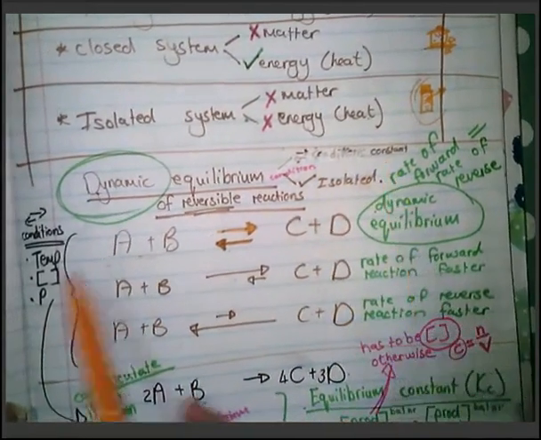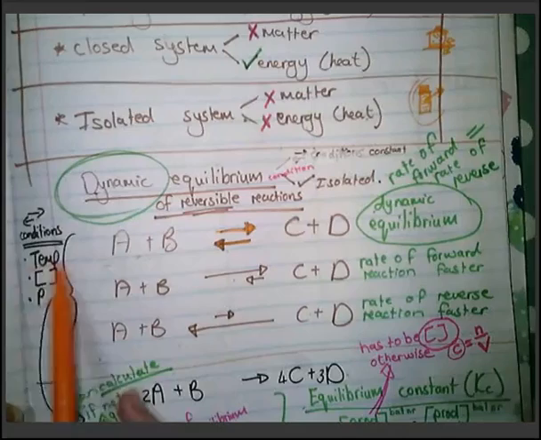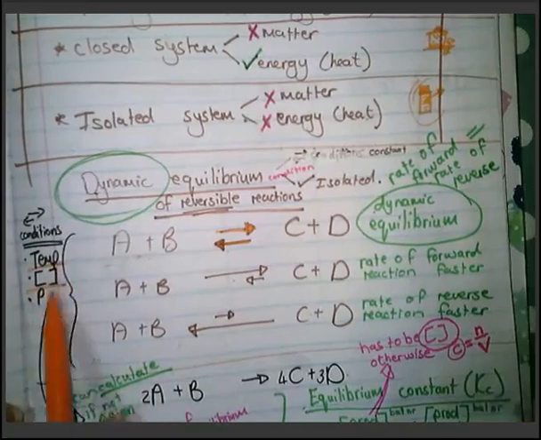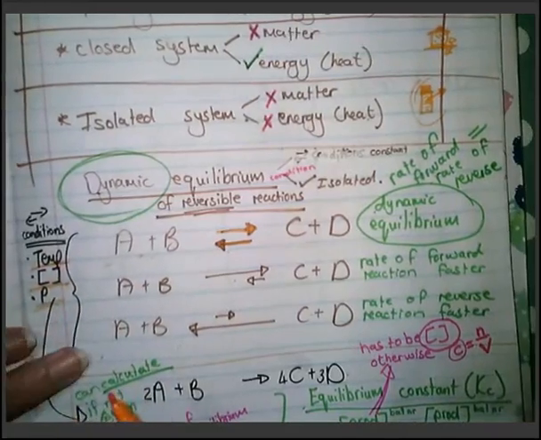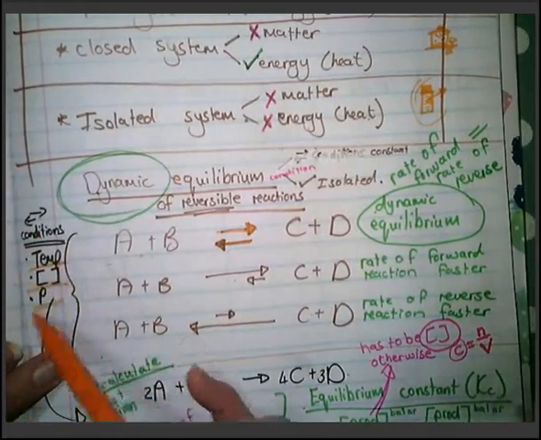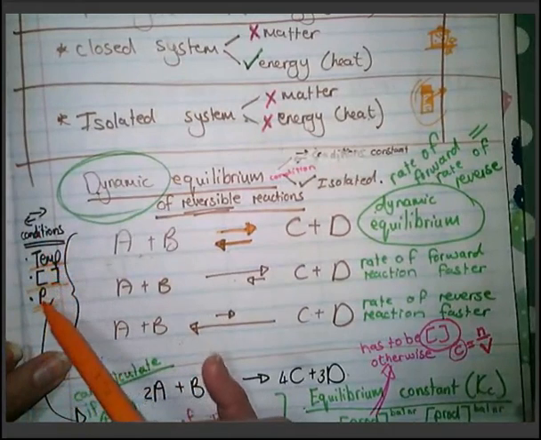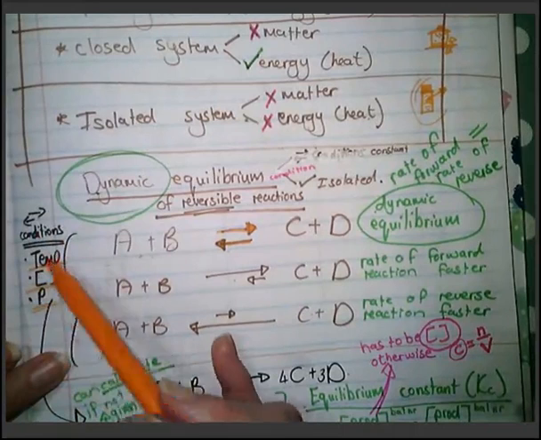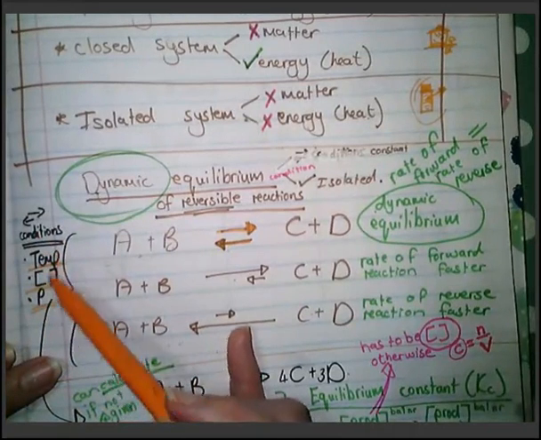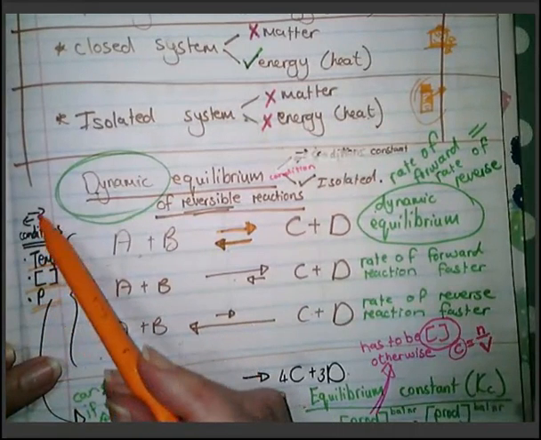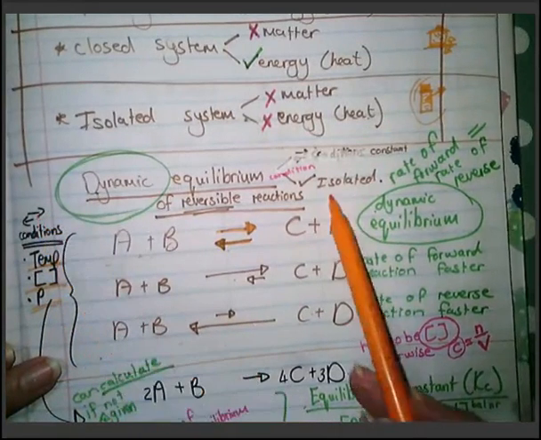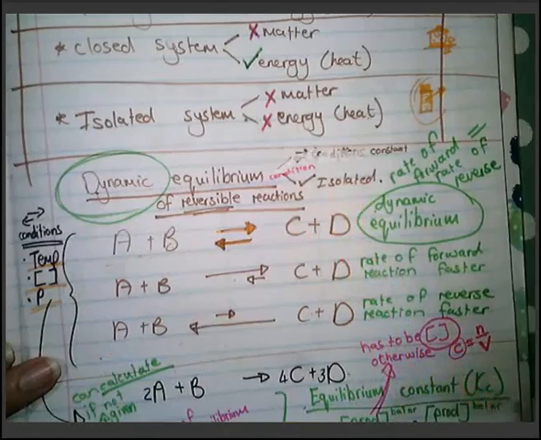Now, the equilibrium conditions are temperature, concentration, and pressure. Okay, so those three things, temperature, concentration, and pressure, need to stay constant. And while they stay constant, we can have equilibrium in an isolated system.